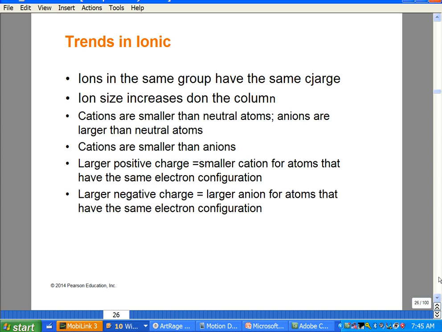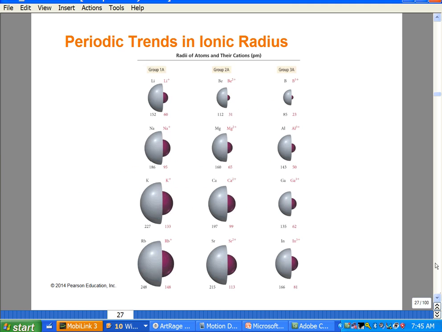Why? Because we have just removed electrons from around that atom, and so therefore its size has just decreased. So any cation is going to be smaller than its anion. And these are some examples, some explanations as to why, which is basically what I just told you.